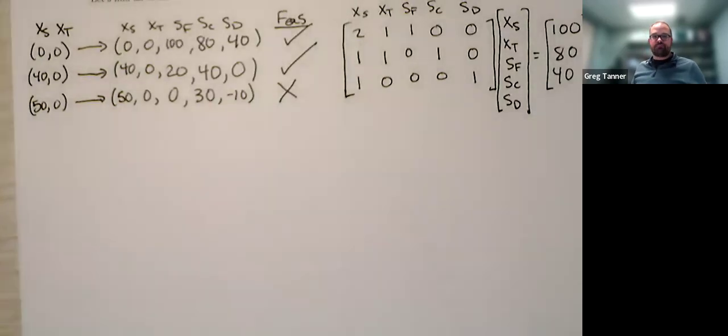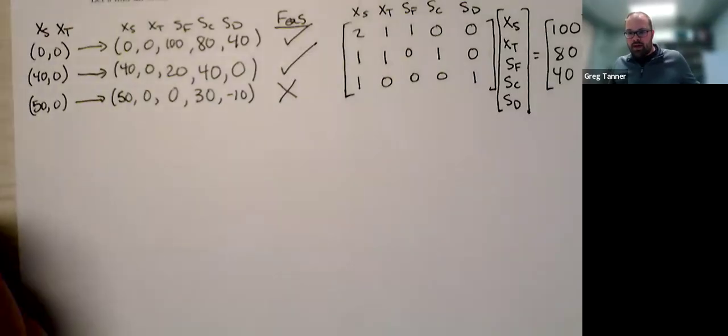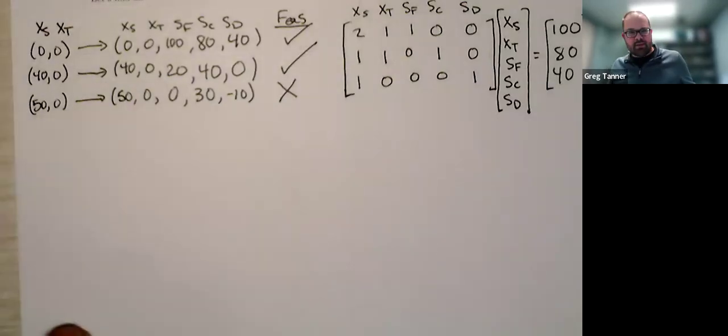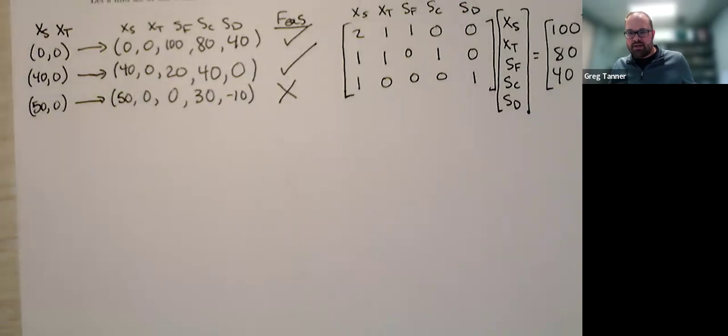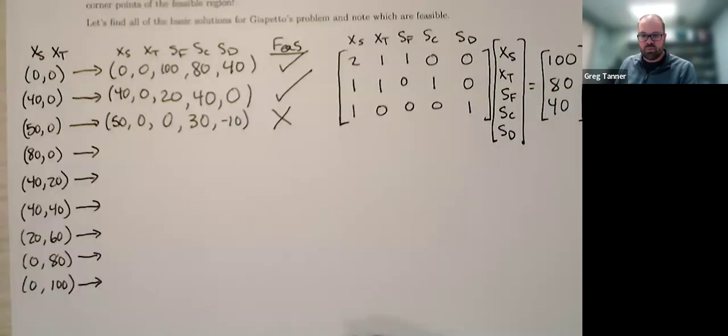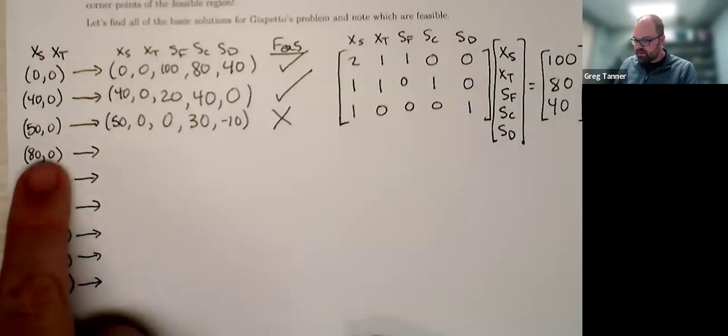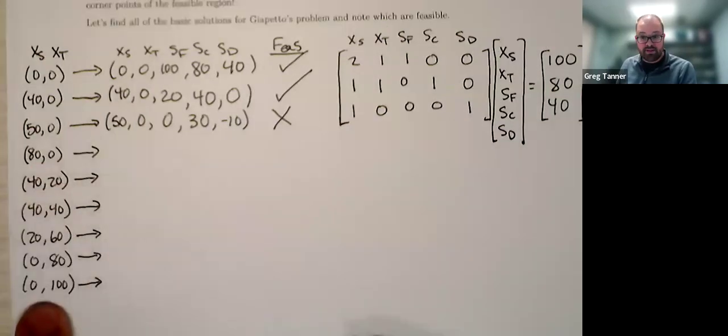I'm going to write out the rest of them, and then I want you to pause the video and try the same process to find the rest of the slack variables, and determine whether each is a basic feasible solution. Here are the rest of the points that are corner points of Geppetto's problem.